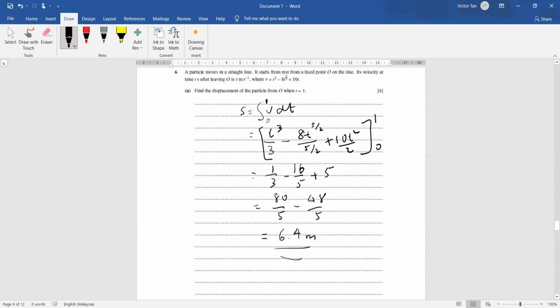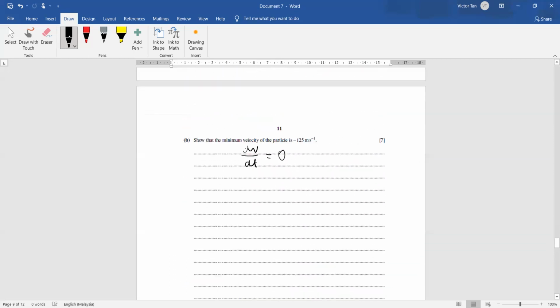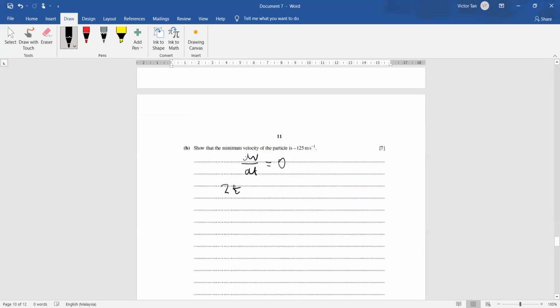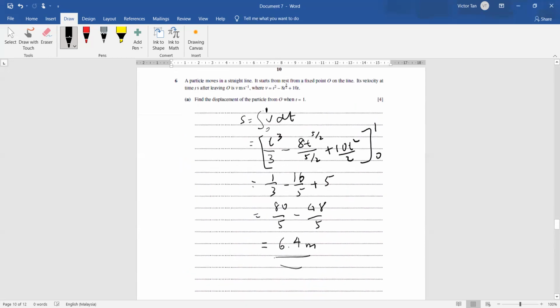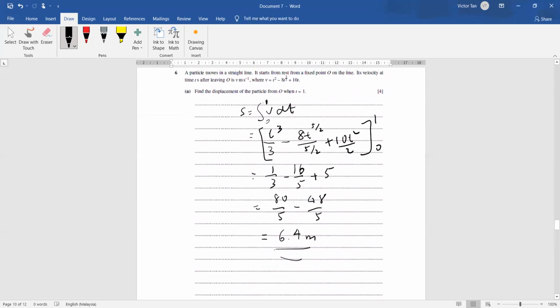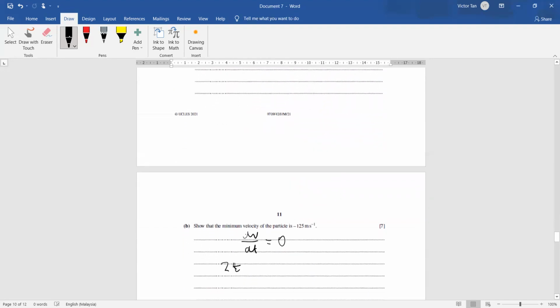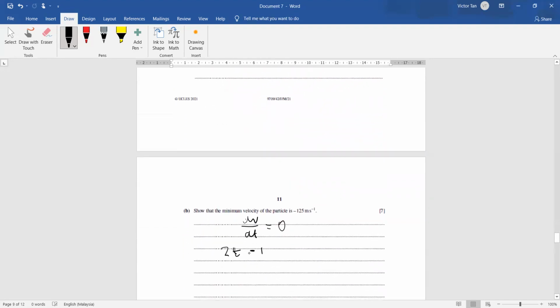So you have 2t minus 3 over 2 times 8, which is 12, t to the half, plus 10 equals 0.